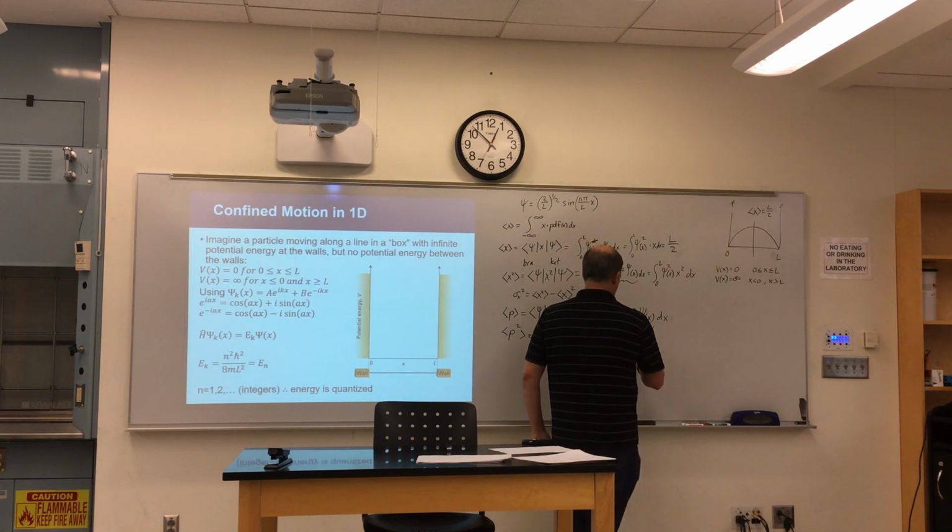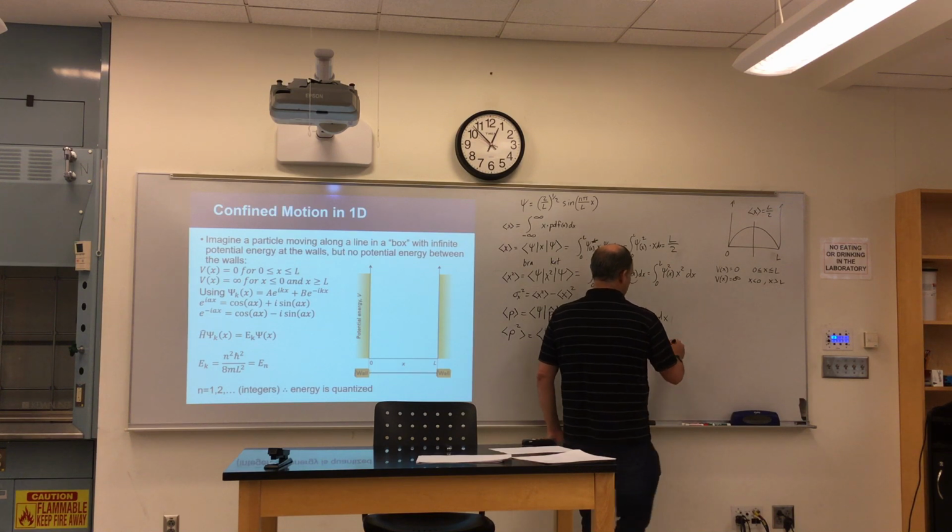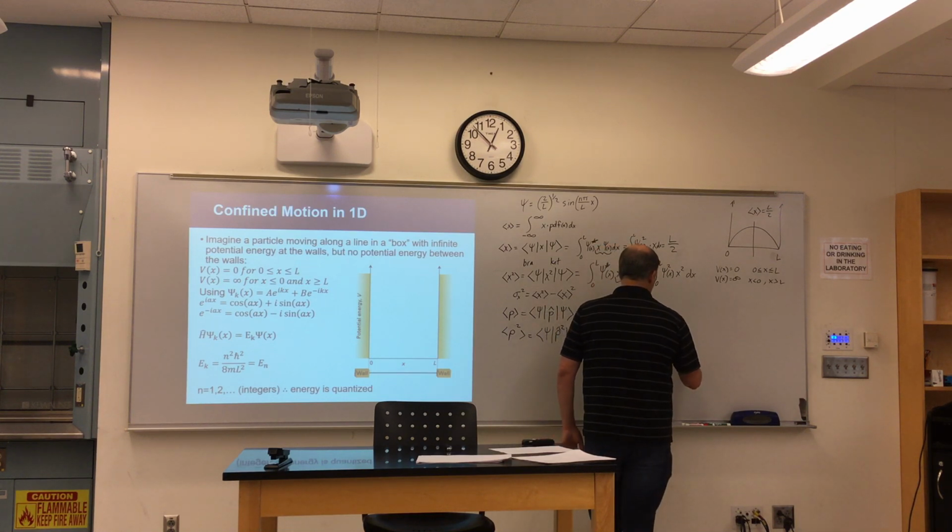And so that would be minus i squared h bar squared d squared dx squared, right? And then psi x dx.